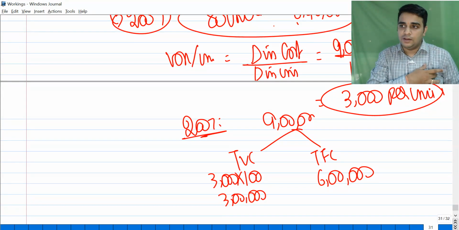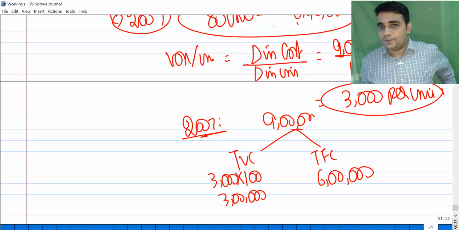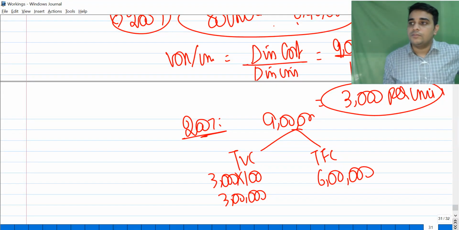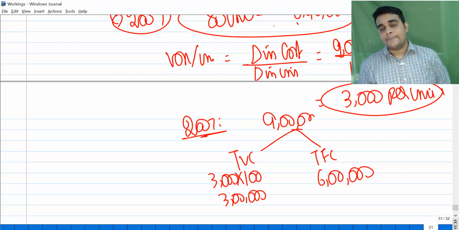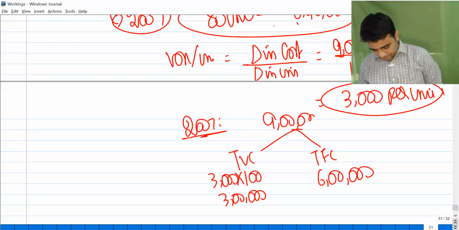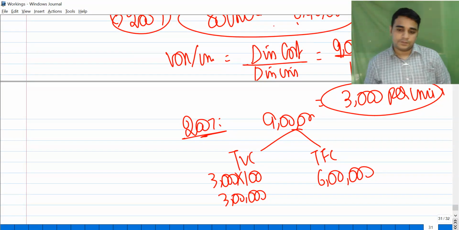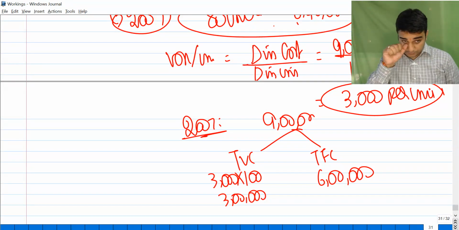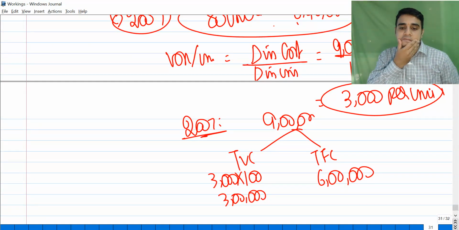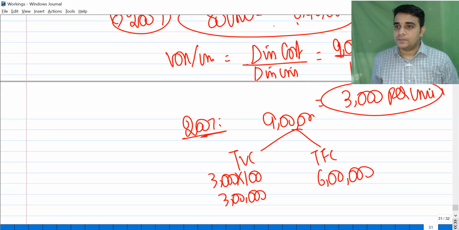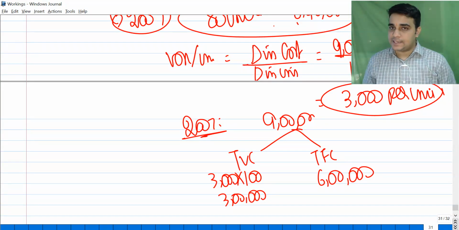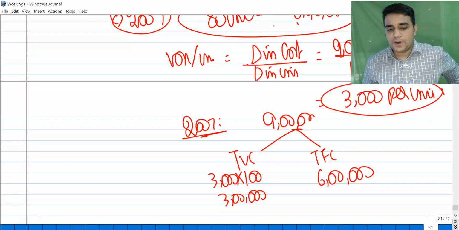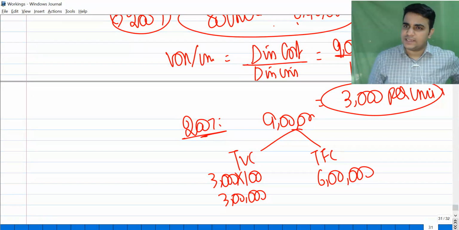Understand the calculation which I am trying to explain here. Total variable cost is 3000 into 100, 3 lakh. Total fixed cost, the balancing figure, is 6 lakh. We could even have substituted at 8 lakh 40 and would have got the same numbers.